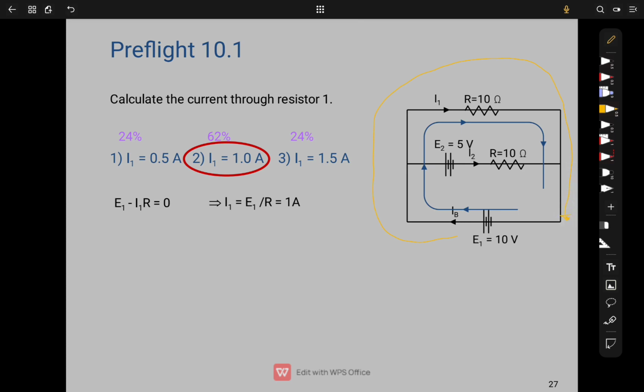So ibig sabihin hindi siya nag-loop dito sa loob. Ayan. So bali isang malaking looping yung ginawa niya pabalik dito. So from looping natin ng ganyan, so let's try to calculate, pero dito meron na tayong given na sagot.